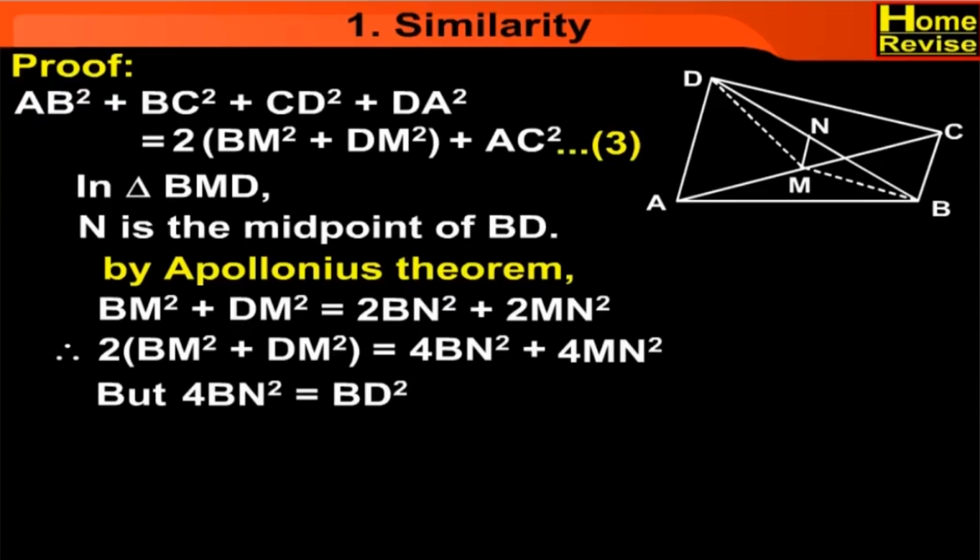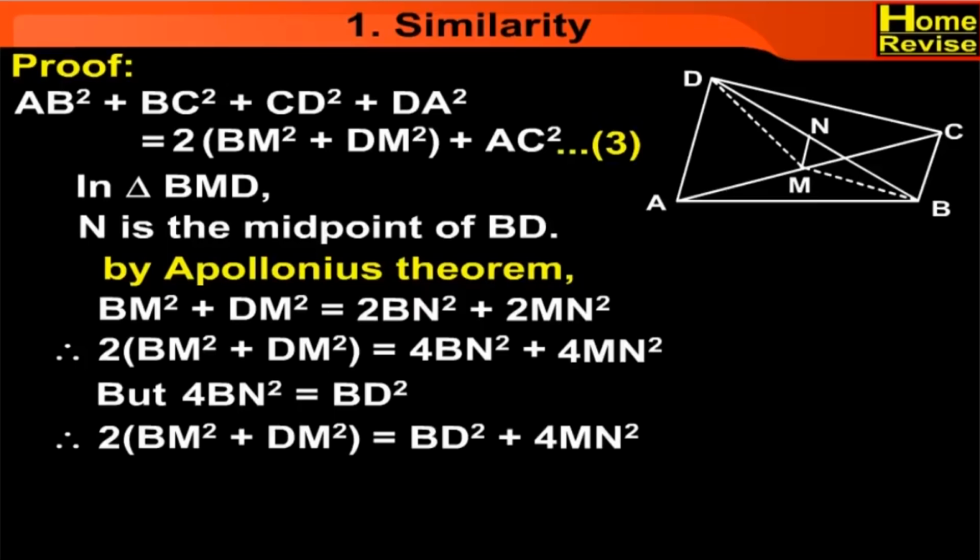But 4BN square is equal to BD square. Therefore, 2 into bracket BM square plus DM square bracket closed is equal to BD square plus 4MN square. Let this be equation number 4.